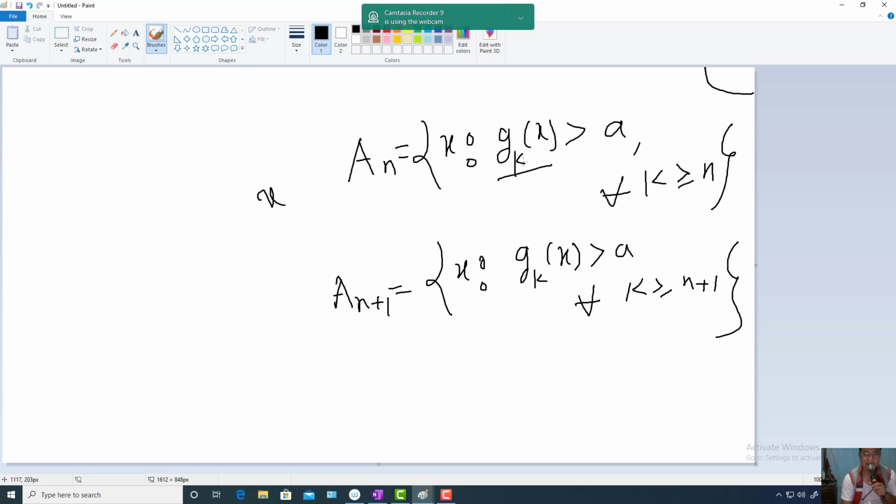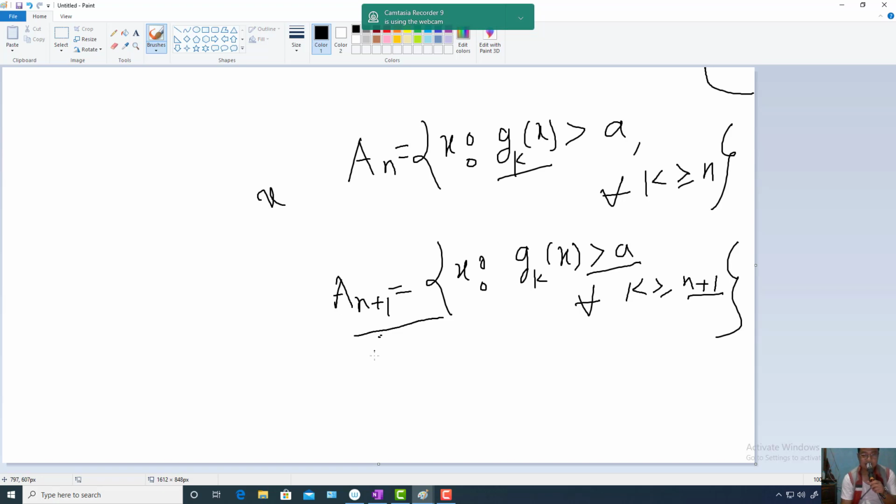Then it is true for k = n+1 also, n+2 also, n+3 also. So whenever x is a member of A_n, x is also a member of A_{n+1}, because g_k(x) is greater than a for k greater than or equal to n+1. All right, so that is quite clear from the definition of A_n and A_{n+1}.